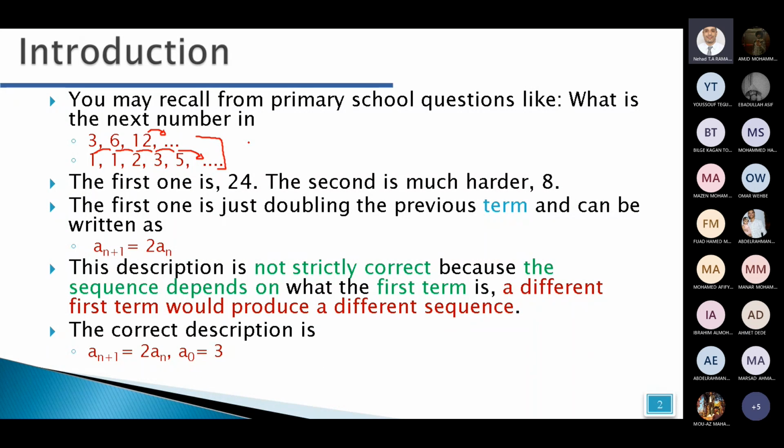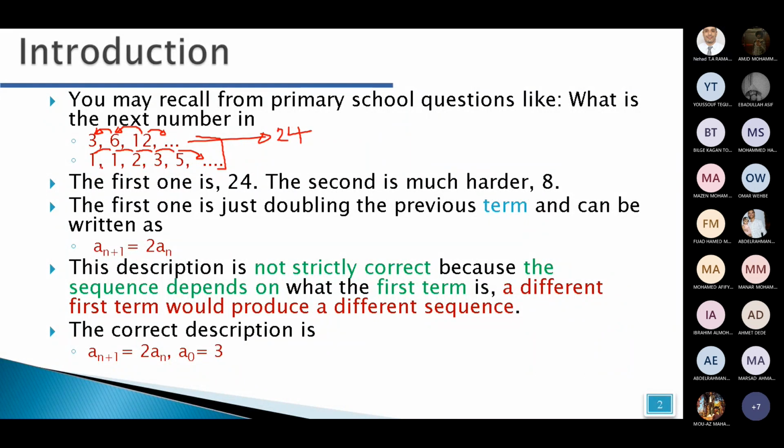For the first one, it's easy to see that each term is double the previous term, the previous term multiplied by 2. So 6 comes from 3 multiplied by 2, 12 comes from 6 multiplied by 2, then the next one will be 24. It's an easy one.